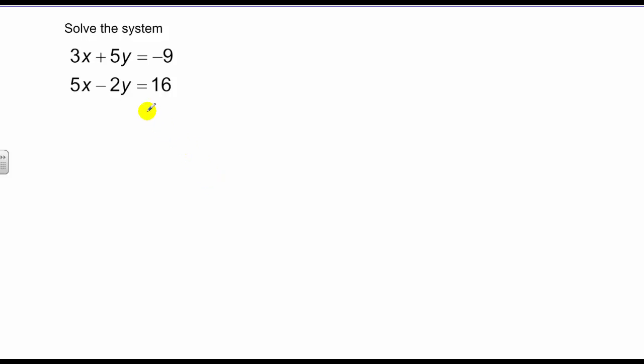And let's do one more. Again, no integer multiplied by one of the two equations will get me the opposite of the other. So I'll multiply the top by, let's go 2, and the bottom by 5 so that my y's go opposite. I have 6x plus 10y is equal to negative 18.